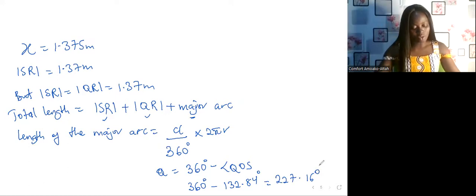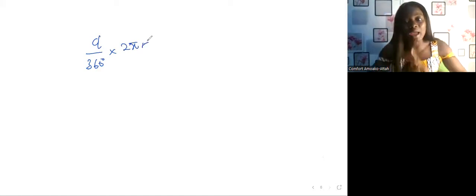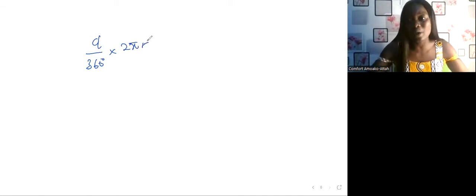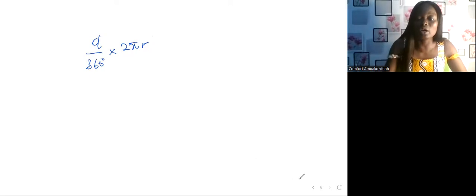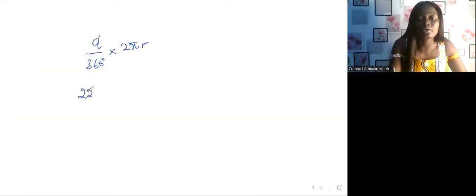All right. So now we just do a simple substitution. Alpha is 227.16, over 360 degrees, times 2 times pi. Pi was given in the question as 3.142.